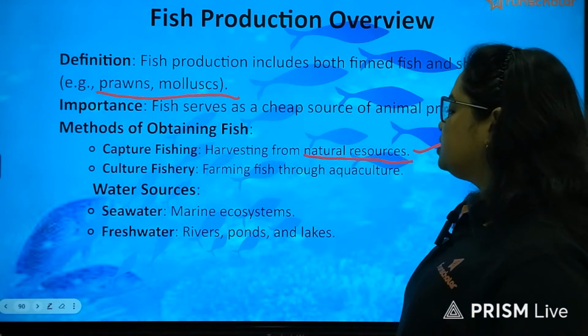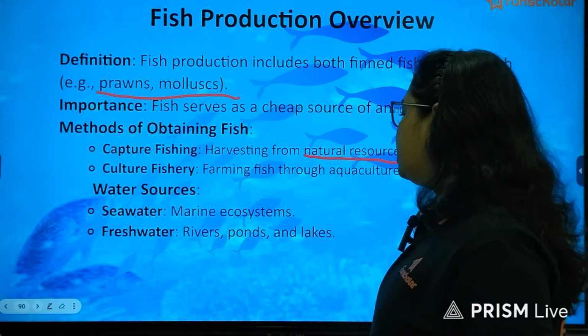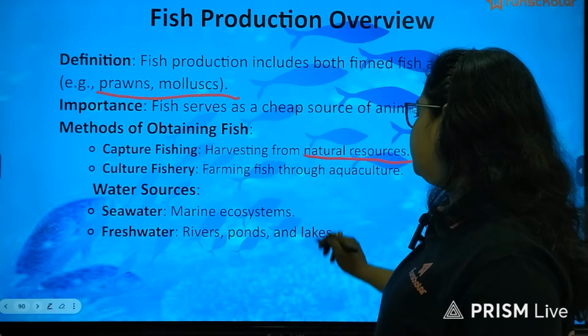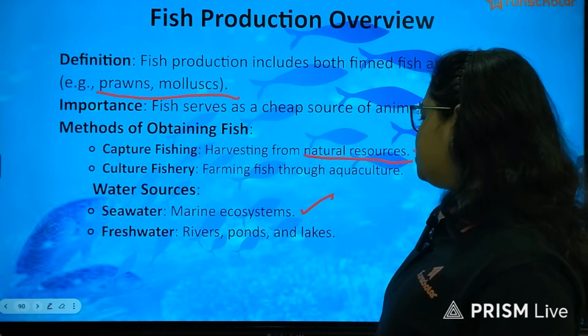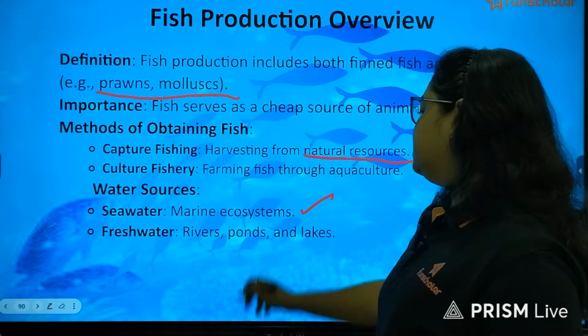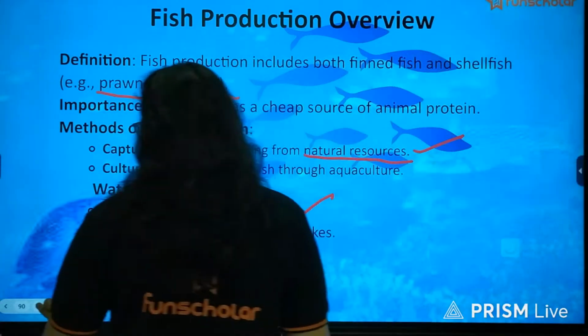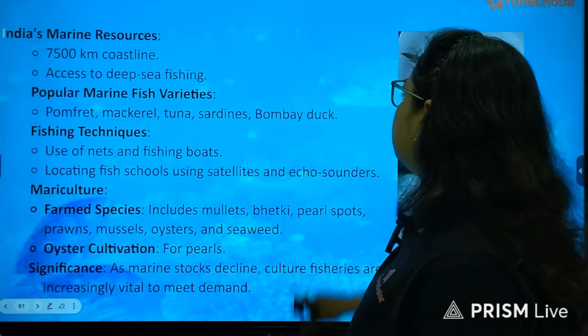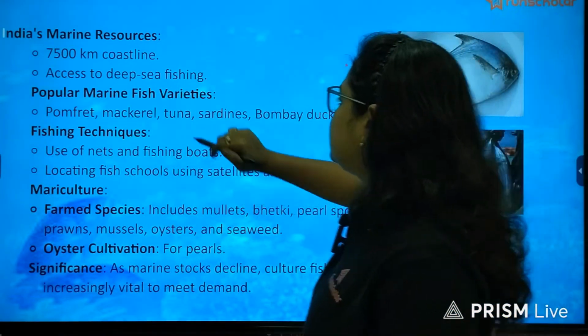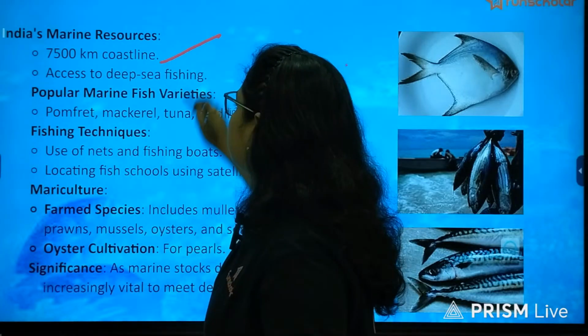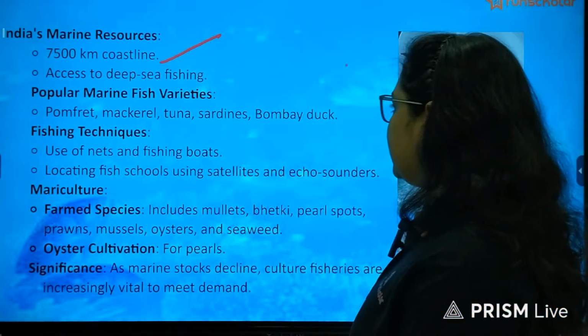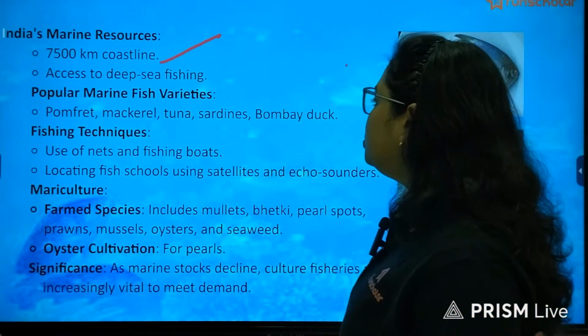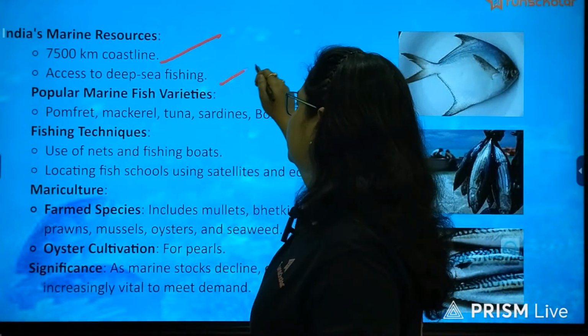The water sources I already mentioned are seawater, which means the marine ecosystem, and fresh water, which includes lakes, rivers and ponds, from which fish is captured. India's marine resources extend 7,500 kilometers along the coastline, which gives us access to deep sea fishing.